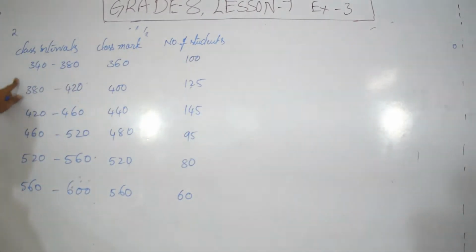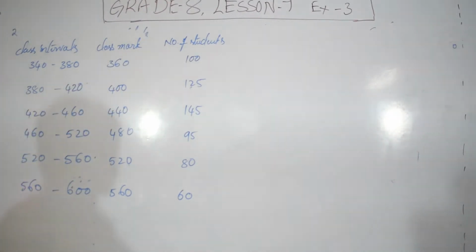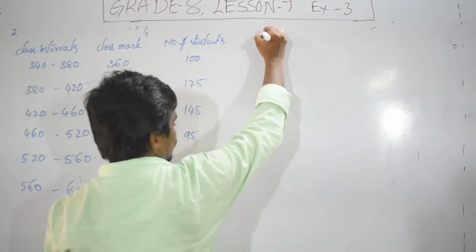So we find the class intervals. So the number of students, the frequency, we know. So we draw the graph.